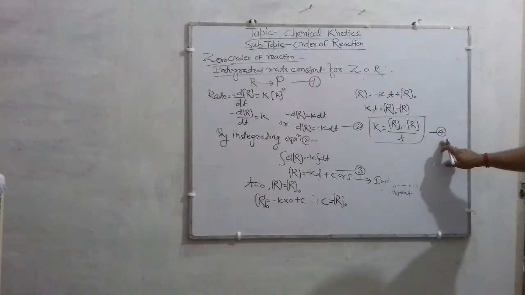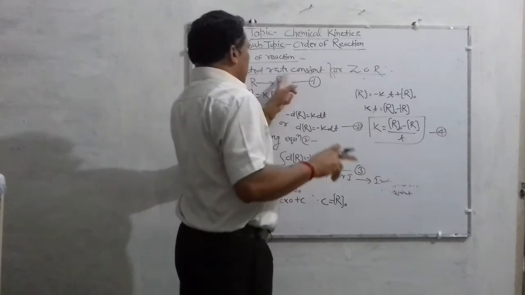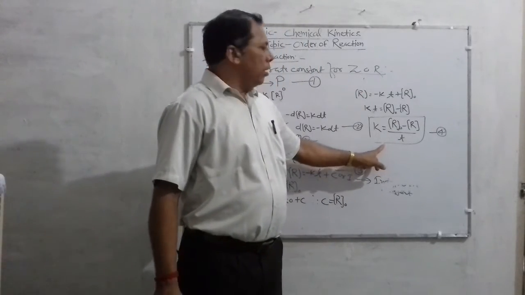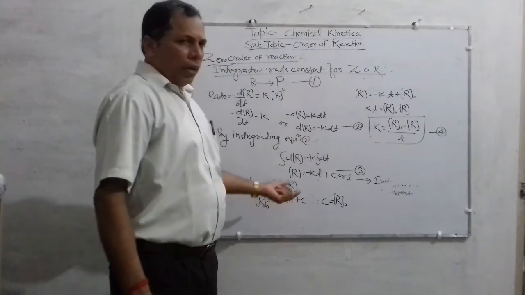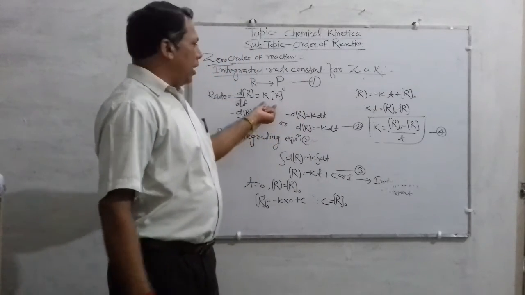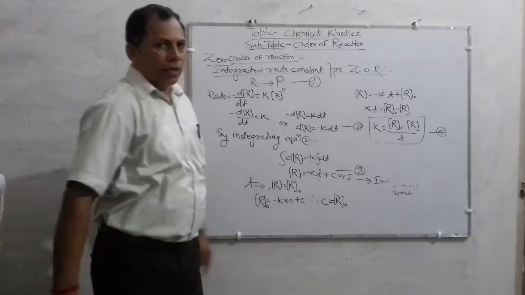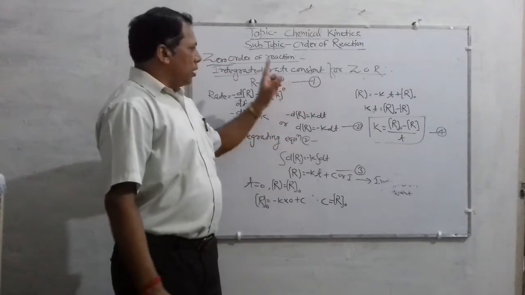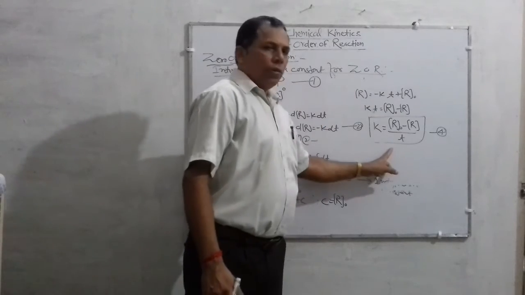So equation 4 is the general expression for the integrated rate constant for zero order reaction. This is the simplest manner. You have to just go through the derivation and keep the point that the concentration term doesn't depend upon rate. So you will get this equation 4, the integrated rate constant for zero order reaction.